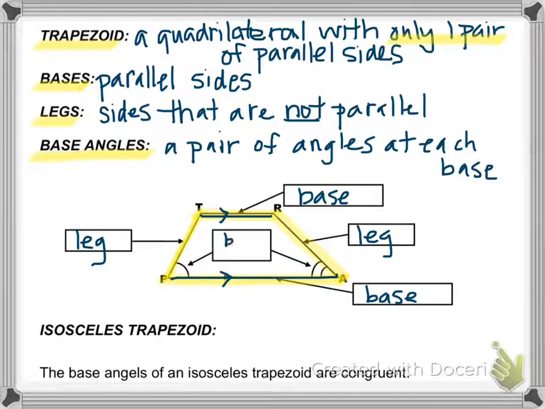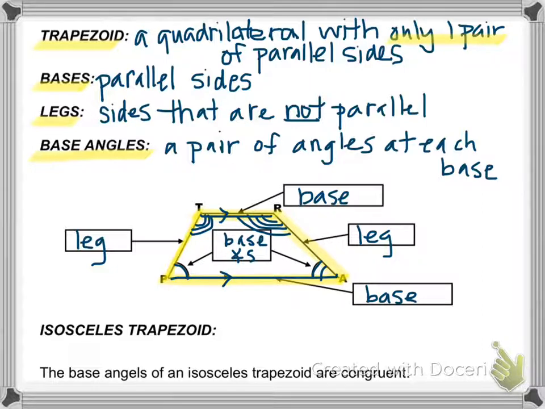An example of base angles, and I'm going to abbreviate angles, is this guy and this guy. Those are 2 base angles on the bottom base, but the top base is also going to have a pair of base angles. We cannot make any conjectures about their sizes relative to each other. As of right now, we have nothing that's congruent to anything else. The only property we have is that we've got one pair of parallel sides.